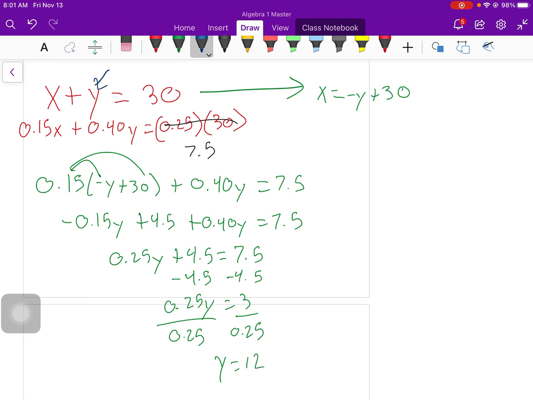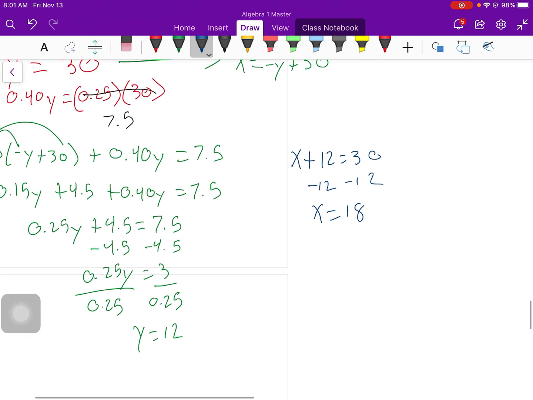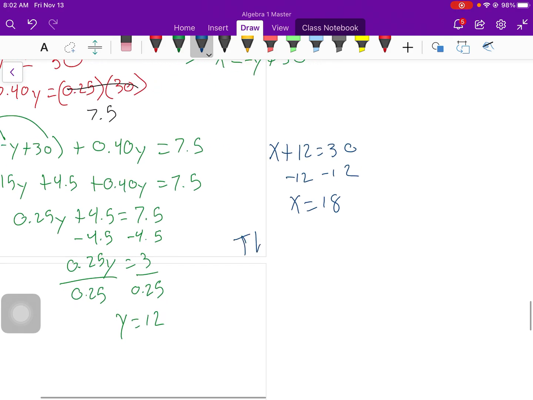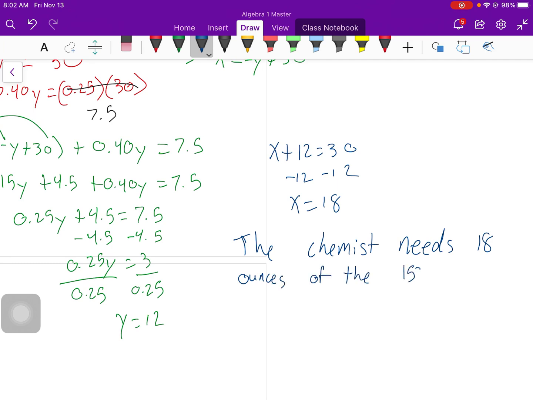So y equals 12. I'm going to plug that into this top equation. Subtract 12 from both sides to get x equals 18. So my sentence should be something like the chemist needs 18 ounces of the 15% alcohol solution.